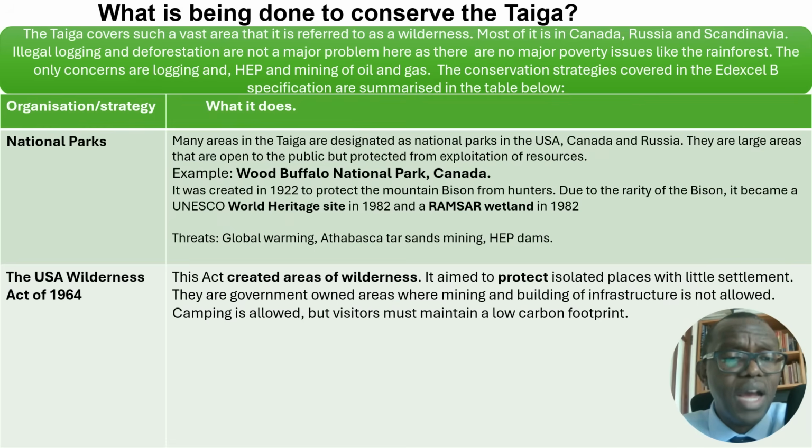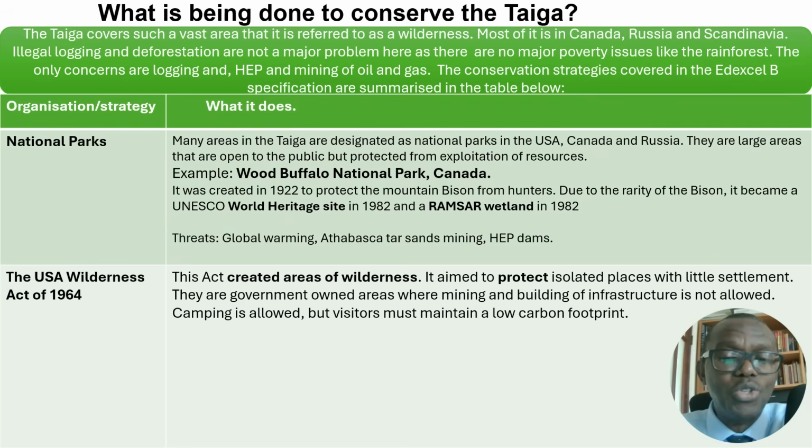So the second strategy here is the USA Wilderness Act of 1964. Now these two here, the national parks and the USA Wilderness Act of 1964, are very important ones to remember for the exam. This act created areas of wilderness, right?